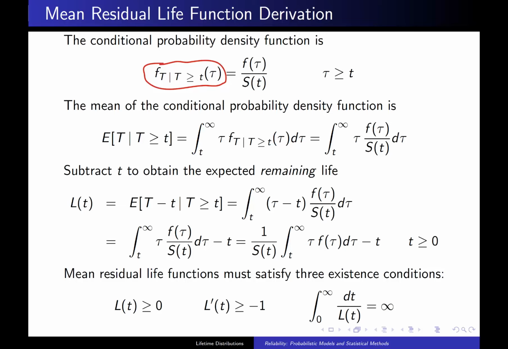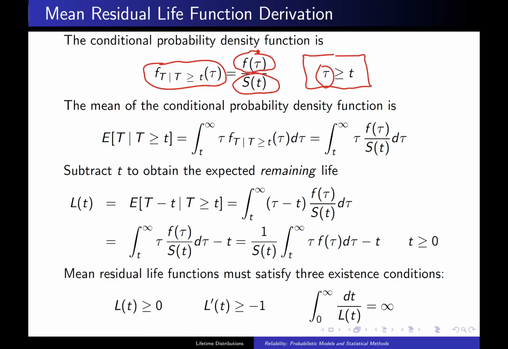And all this is the probability density function evaluated at tau divided by the survivor function evaluated at t, and the support here is all values of tau which are greater than or equal to t.